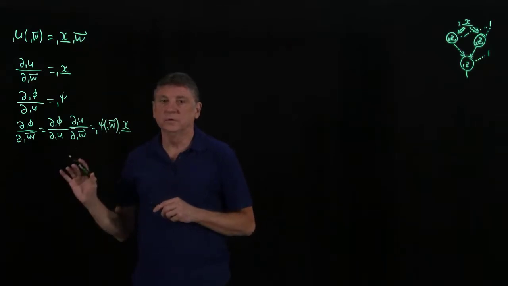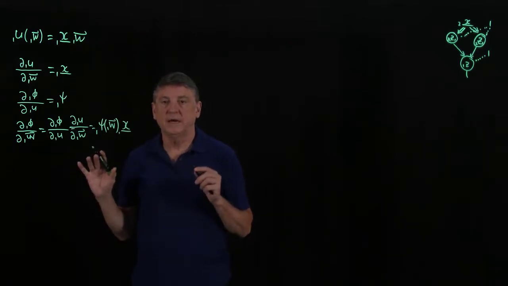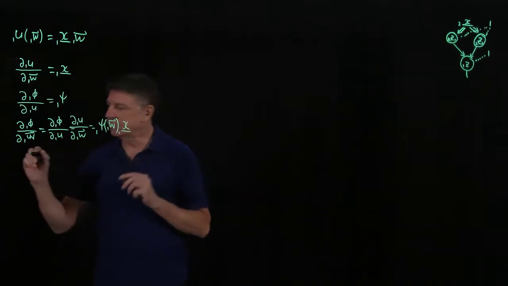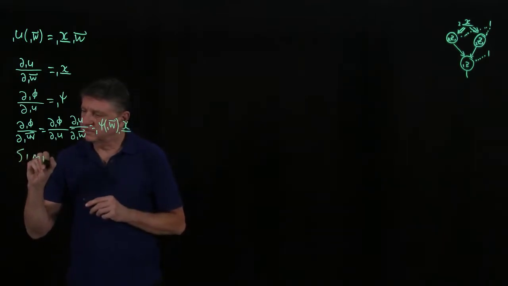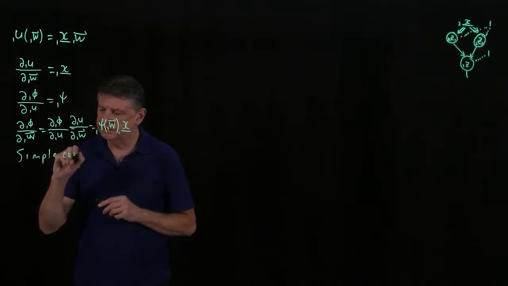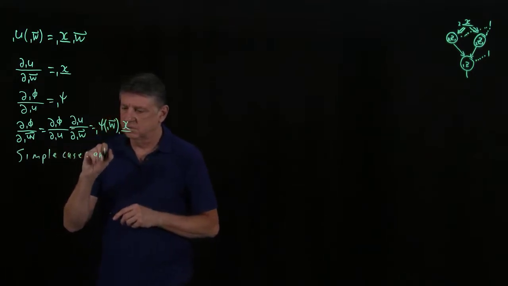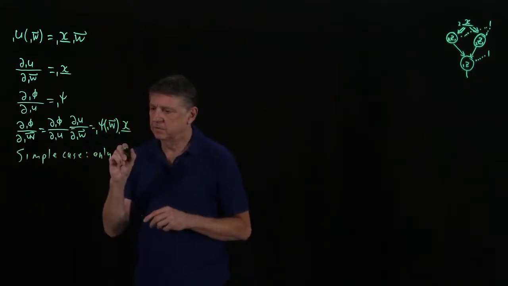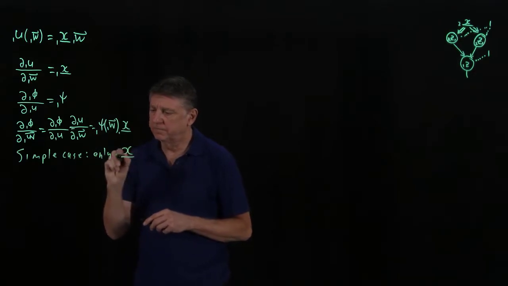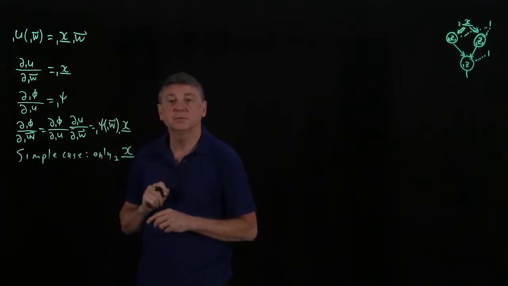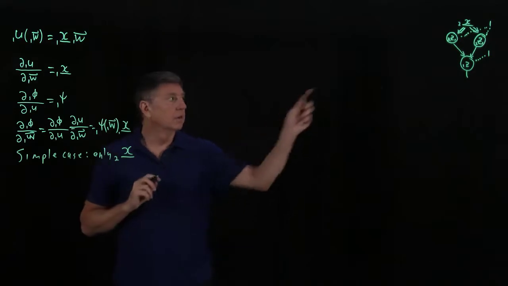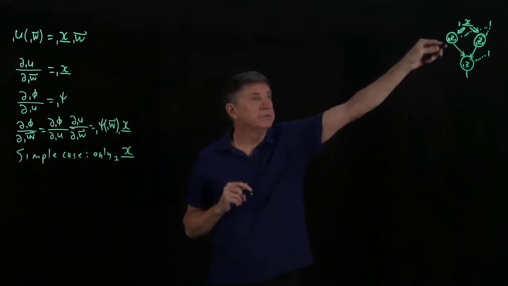So we'll derive only a simple case. So let's declare that now. Simple case, only have one form going into layer 2. So now we'll be using these subscripts.